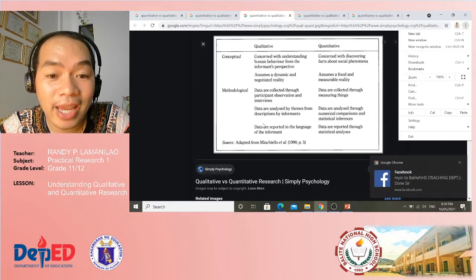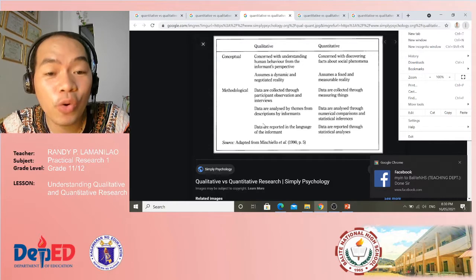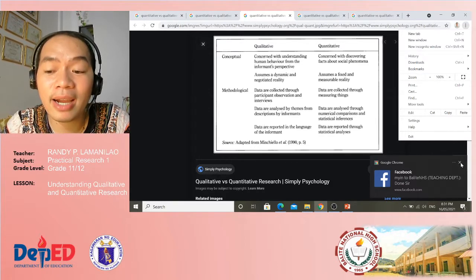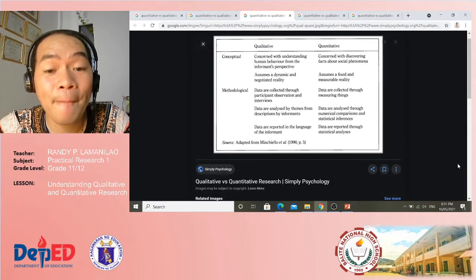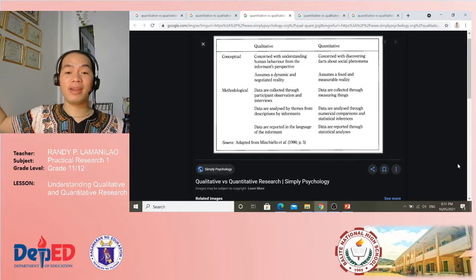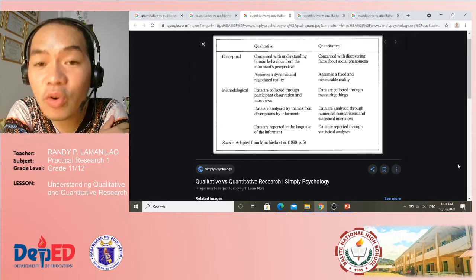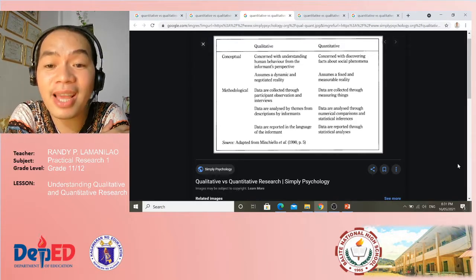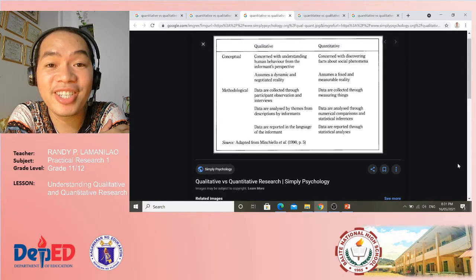Sa quali, yung ini-interview mo, yun yung mga kailangan malaman ng researcher.